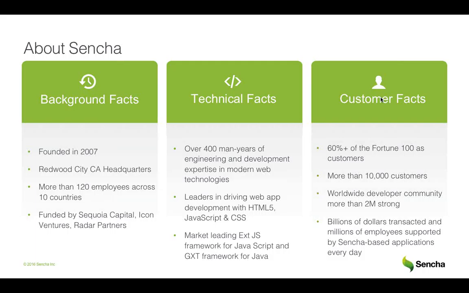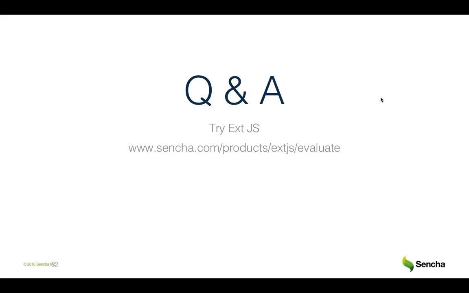We are in over 60% of the Fortune 100 companies building those kinds of sophisticated applications. So if you are looking to build those kinds of applications for the data that you might be sitting on, Sencha is obviously the right choice for you.